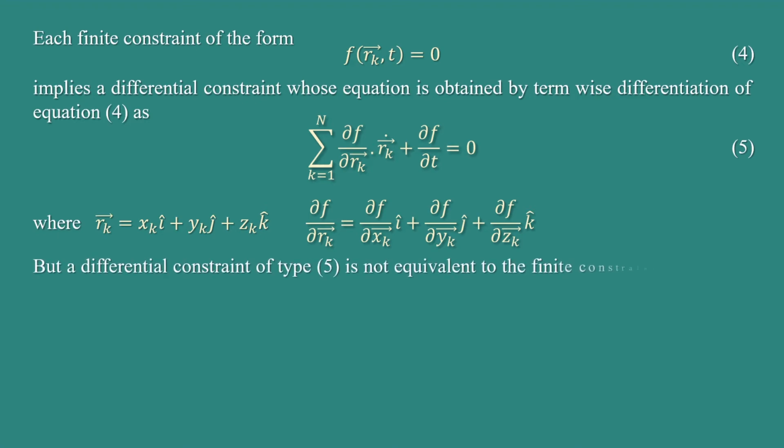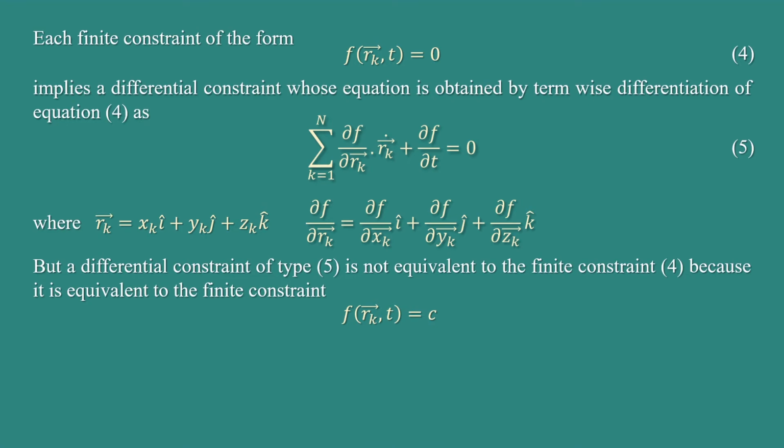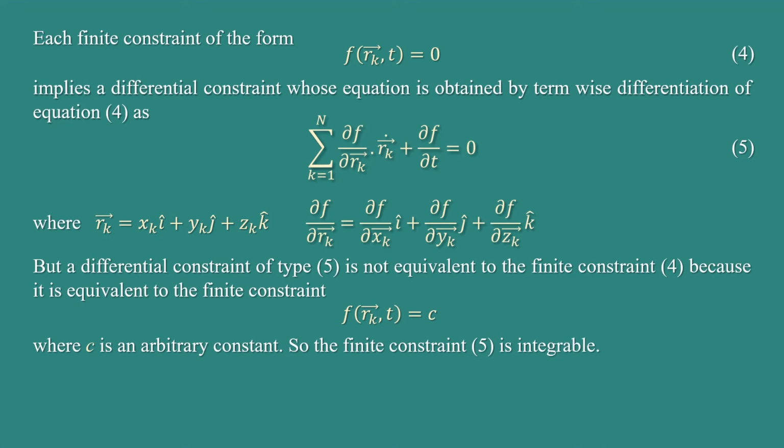But a differential constraint of type 5 is not equivalent to the finite constraint 4 because it is equivalent to the finite constraint f of rk, t equal to c, where c is an arbitrary constant. So the differential constraint 5 is integrable.